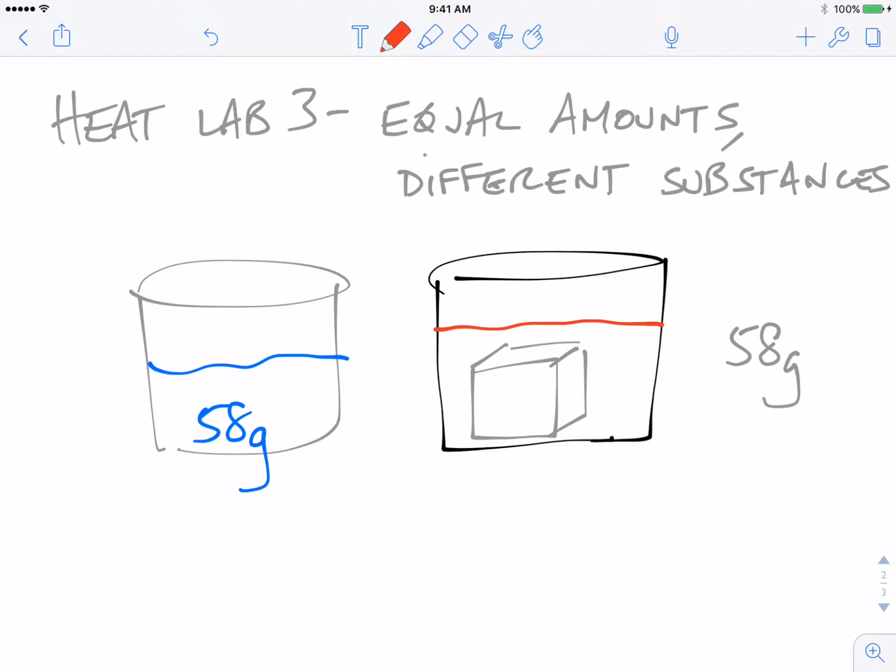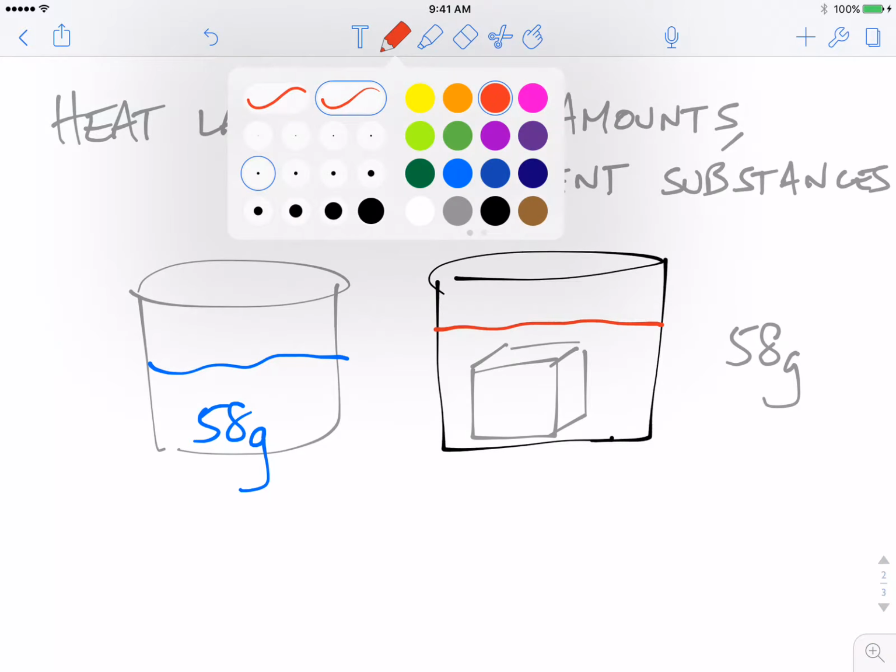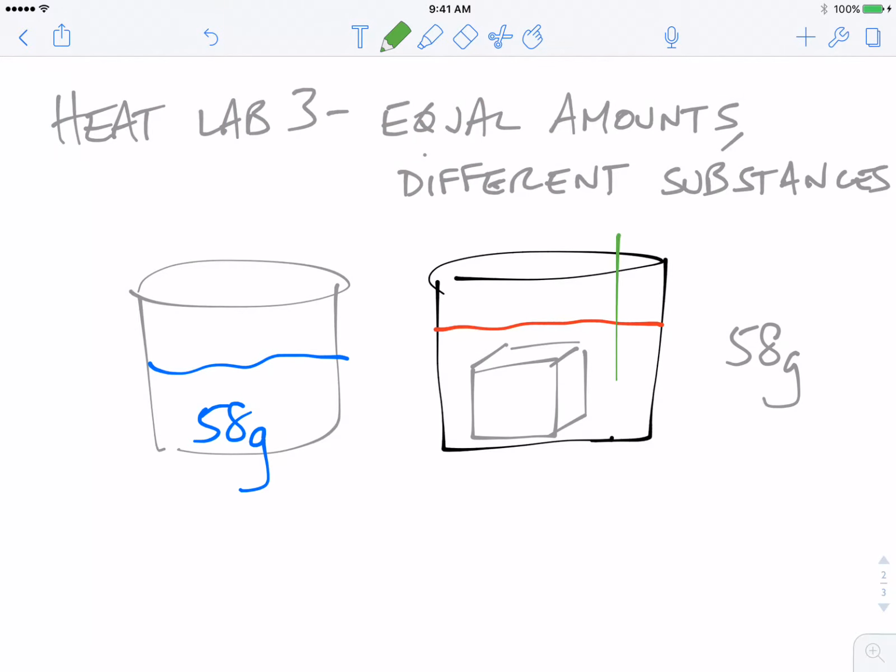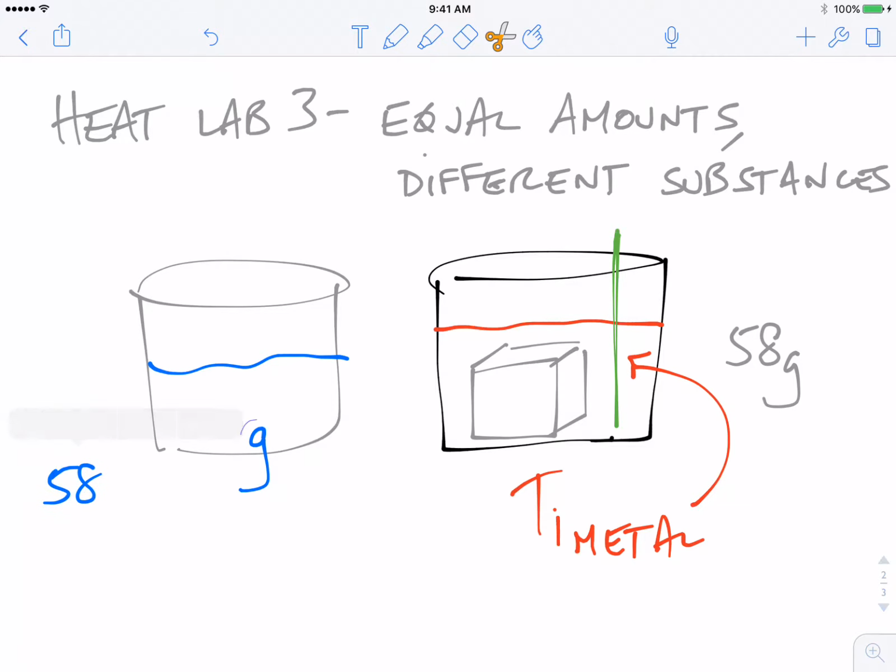We left it in there for about 5 minutes. We had a thermometer in the hot water, and after 5 minutes, we assumed that the initial temperature of the metal, the TI of the metal, is going to be the same as the temperature of the water. After 5 minutes, we took the metal and put it into the cup.